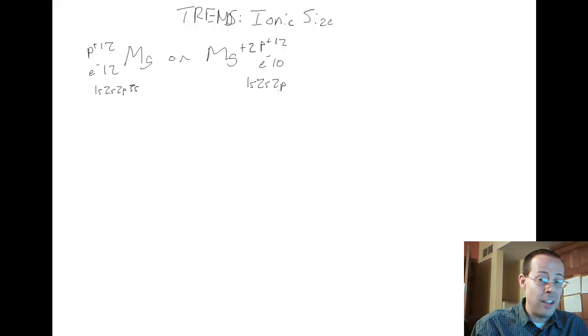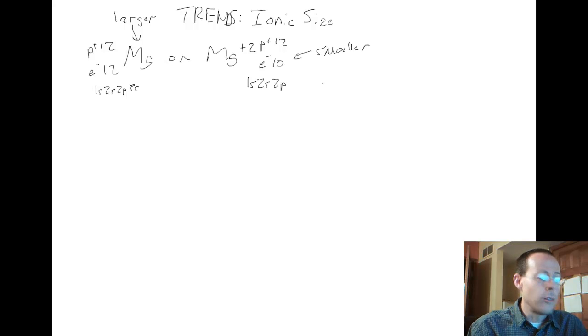It lost the 3s. So very easily you can see that our atom is larger and our cation is smaller. How come? Because in losing electrons, it loses the outermost ones, so it looks like a noble gas.